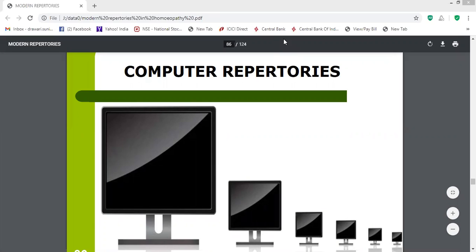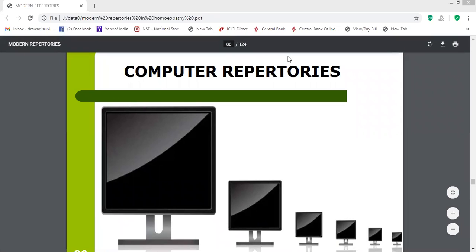But with the help of this electronic device, we can quickly, with less effort, find the simillimum.